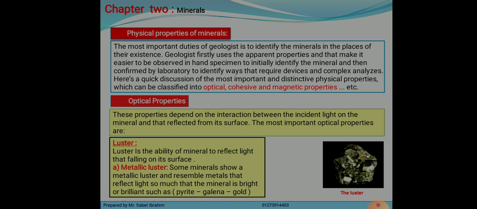Metallic luster: some minerals resemble metals and reflect light so much that the mineral is bright and brilliant, such as pyrite, galena, and gold.